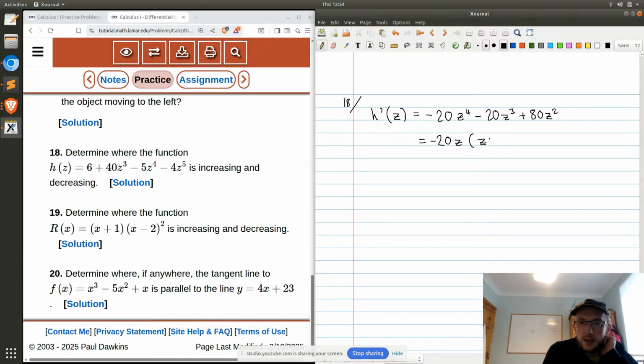So I'll have z squared minus z plus 4, like that. And you can't factor this. Oh, really? Did I do it wrong? Minus 20, minus 20. That should be 120. Okay, so I did it wrong.